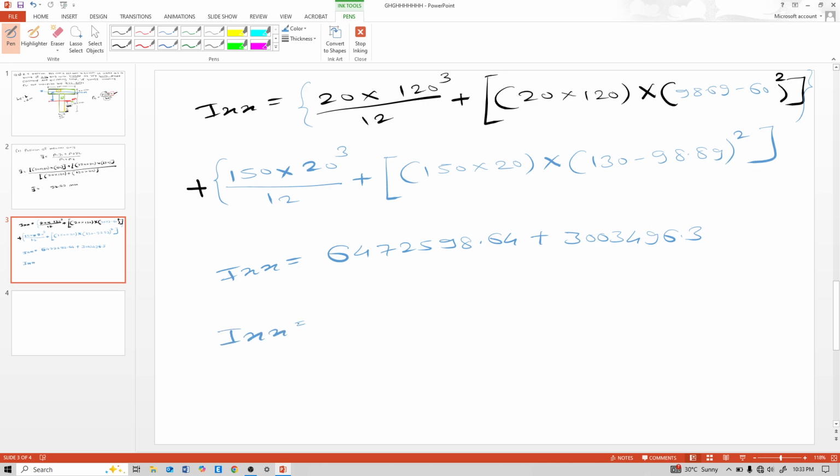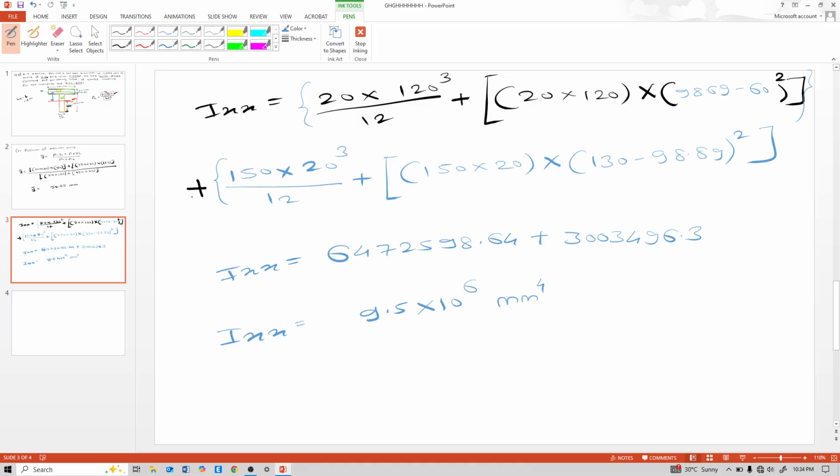So this Ixx is 6472598.64 plus 3003496.3, so it is 9476094.94. That means it is 9.5 into 10 raised to 6 mm raised to 4.